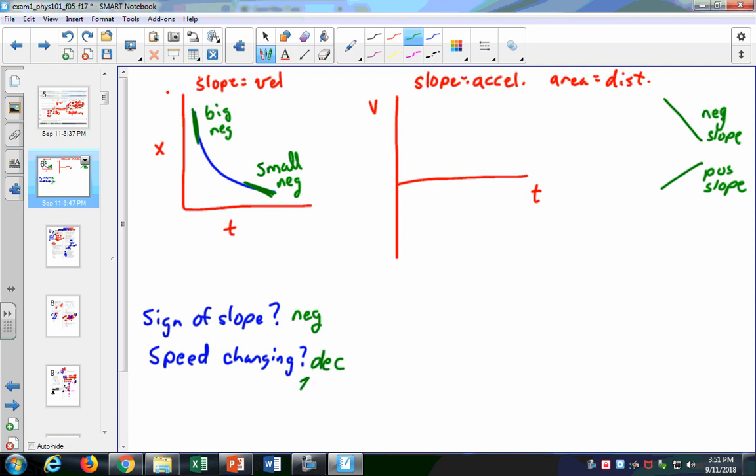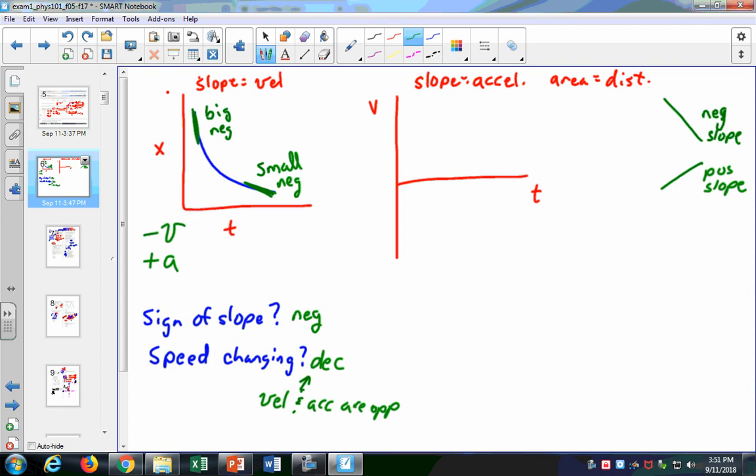And if it's decreasing, that means that the velocity and the acceleration are in opposite directions. So since I have a negative velocity, in this case I have a positive acceleration, even though it's slowing down. So this object is slowing down, but it has a positive acceleration.